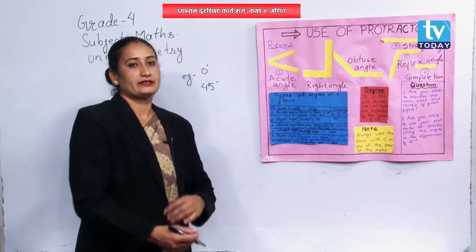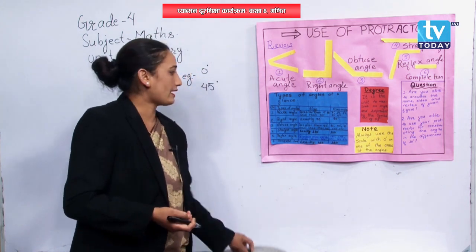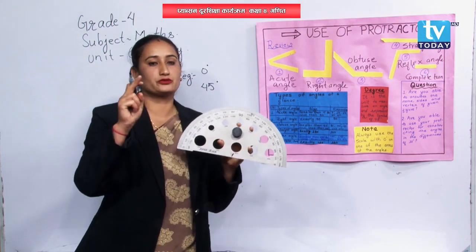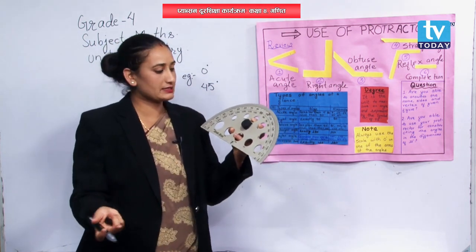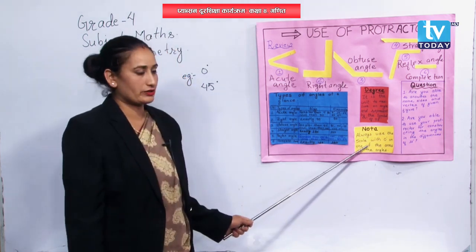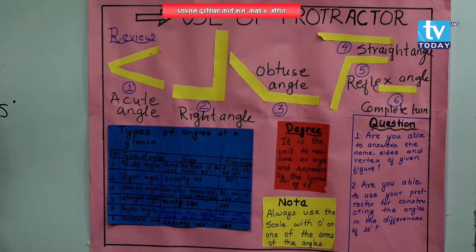So now you have to know the note. Before starting to use the protector, you have to know where the 0 degree scale is. Listen very carefully, and here I have written it for you also. That is the note. Have you noticed? Always use the scale with 0 degree on one of the arms of the angle.